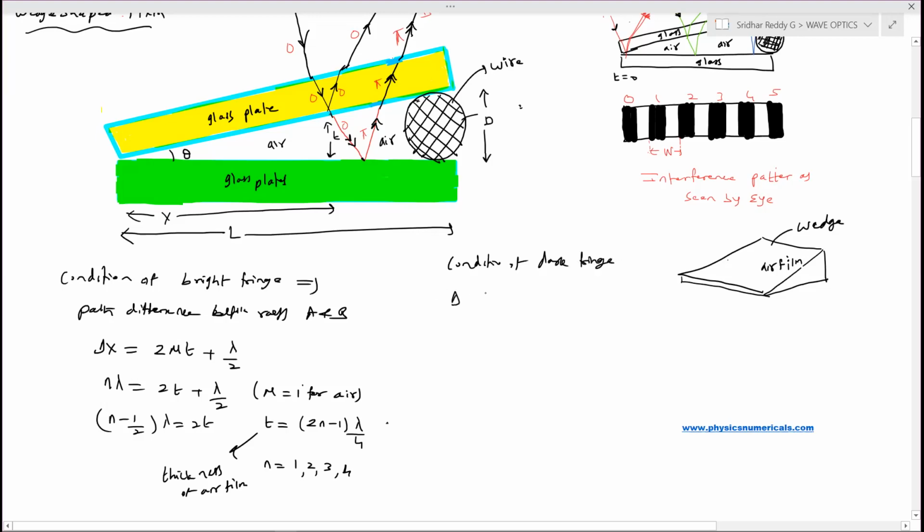The condition for a dark fringe: delta x should be equal to (2n plus 1) lambda by 2. Therefore this will become n lambda equal to 2 mu t, where n is equal to 1, 2, 3, 4, and so on.